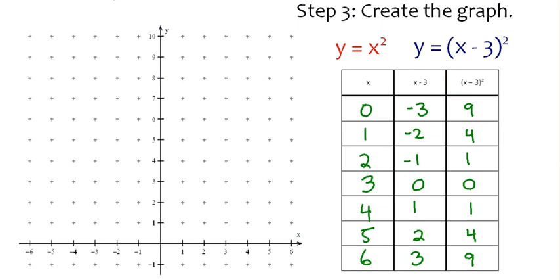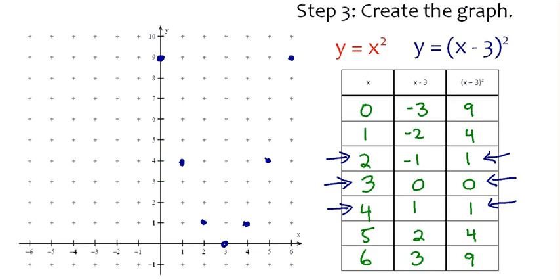And now we're all set to start plotting ordered pairs. For instance, we'll plot (3, 0), (4, 1), (5, 4), and (6, 9). On the other side, we get (2, 1), (1, 4), and (0, 9).